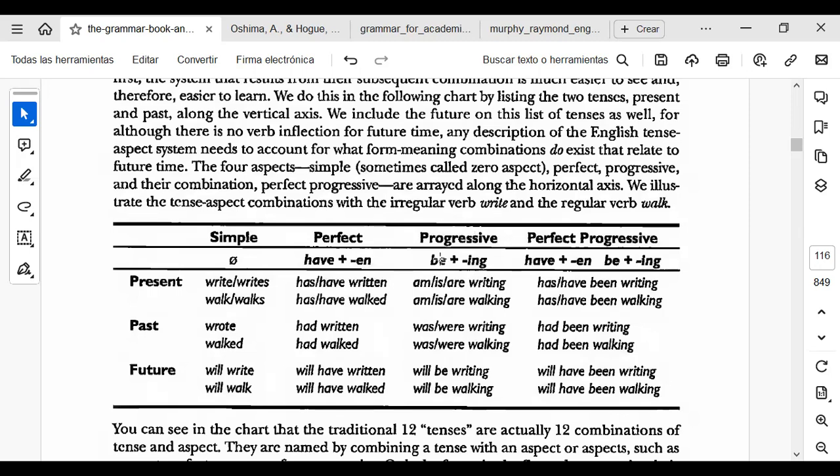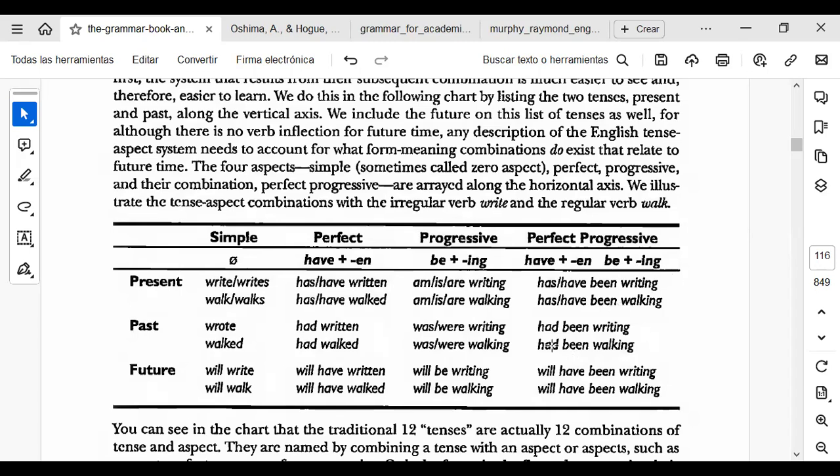The progressive is be plus the root and the ing, the gerund. And the perfect progressive is have, again, plus the past participle of be plus ing.